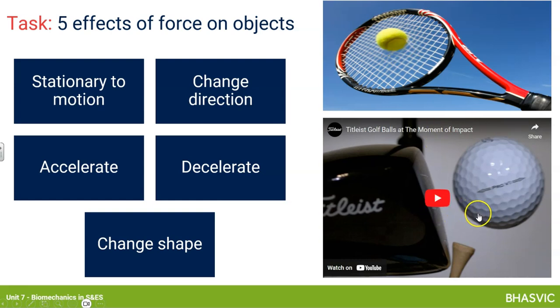What this video shows, and I'm not going to play the video, is that when you use a driver and apply a huge force to this golf ball, it actually changes its shape. If you look at boxers, I'm sure you could find examples where a boxer strikes the other boxer and their face becomes contorted and changes shape. It's obviously the force, the impact, that has changed the shape of the object. If you strike a football or a rugby ball, they will slightly change shape as a result of that force.